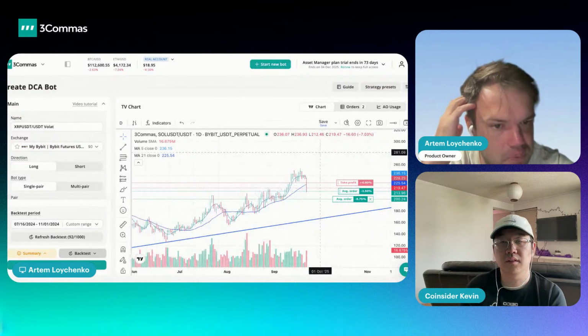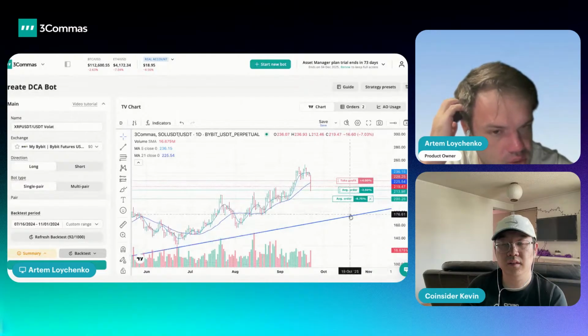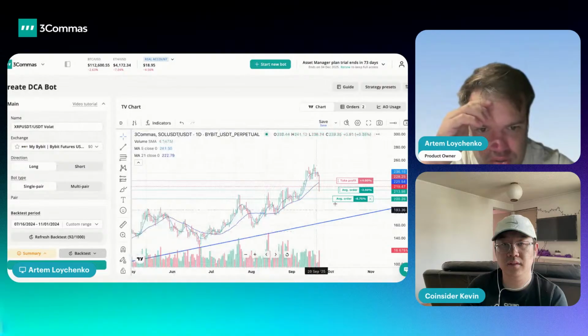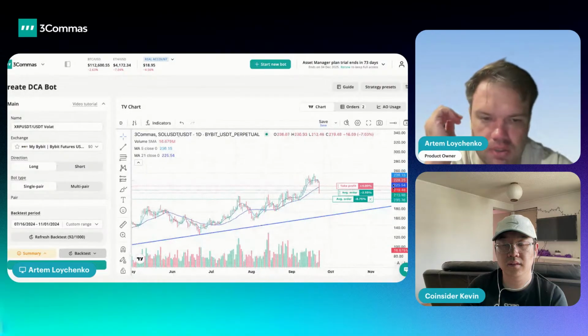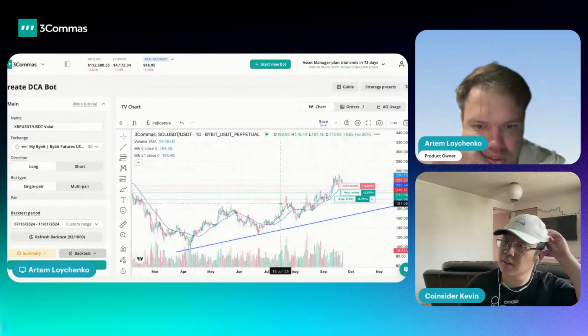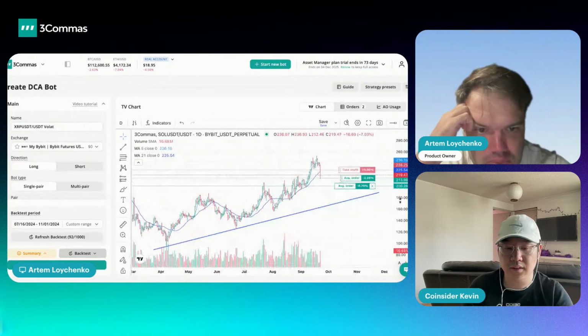And I can see that the market is in huge drop today across all coins. Let's actually see if we can share my screen again, because I have Solana open. So this is the long trend that I made for myself.